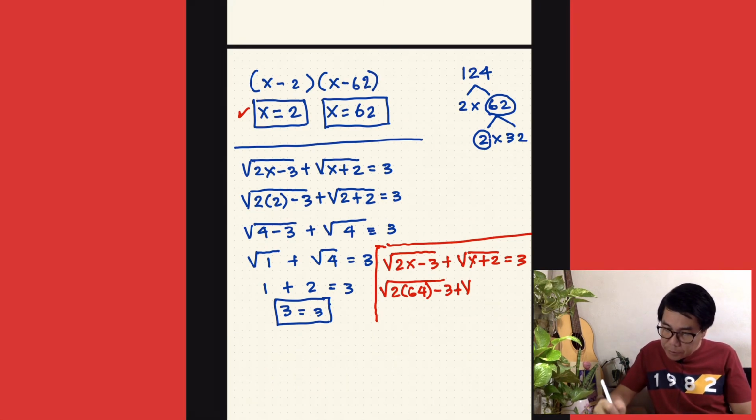Let's continue. So this is 62 plus 2 equals 3.